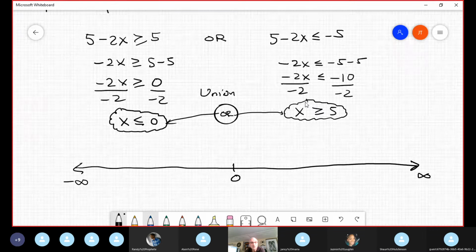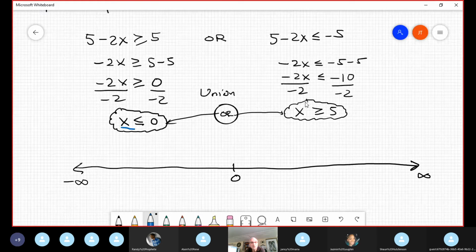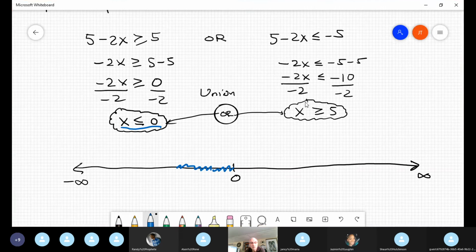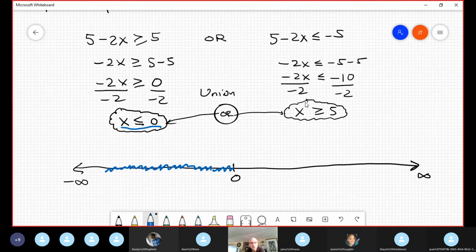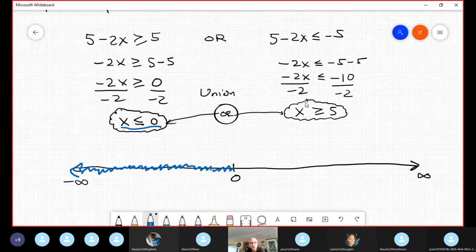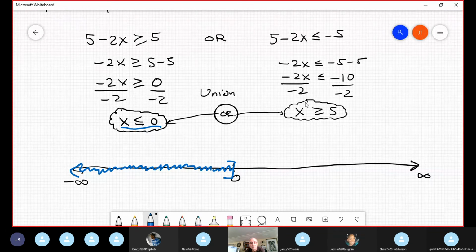The first piece is from 0, negative. Include 0, bracket here. And this is 5: 1, 2, 3, 4, and 5. 5 to the right, to infinity. Okay, so what is my final answer?